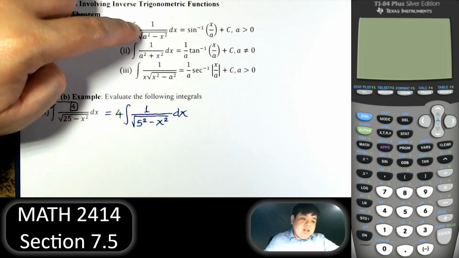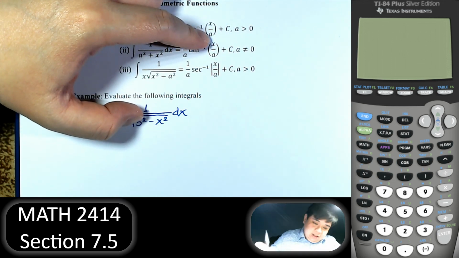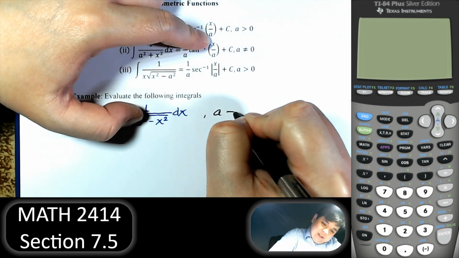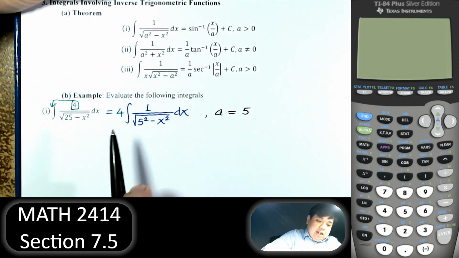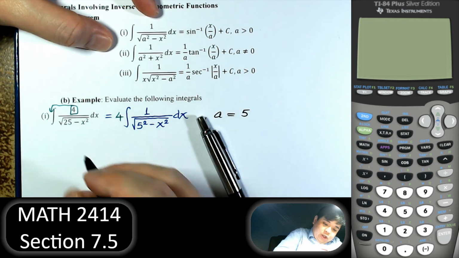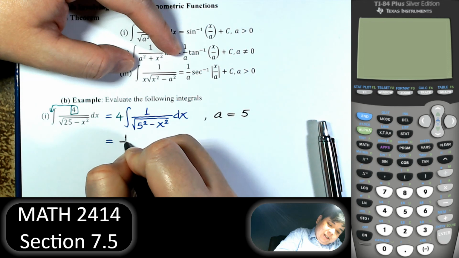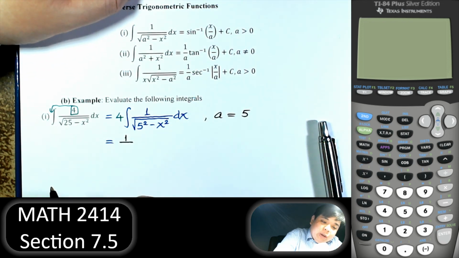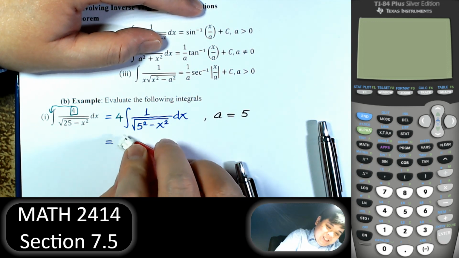So matching with this formula, the top one, a is equal to 5. And then in the formula, the integral equal to 1 over a. Sorry, I copied the wrong one. The top one, the sine inverse, there's no 1 over a.